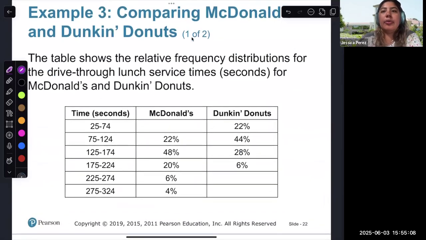If we're looking at this example 4, we're comparing the times it takes at McDonald's versus Dunkin' Donuts. The table shows the relative distribution for the drive-through length. The times of 25 to 74 seconds are 22% at Dunkin' Donuts versus 4% at McDonald's.